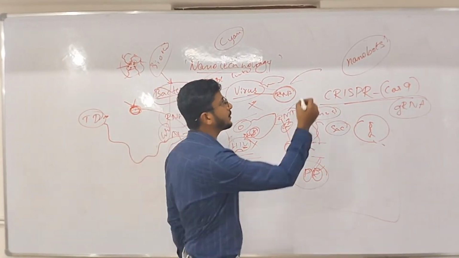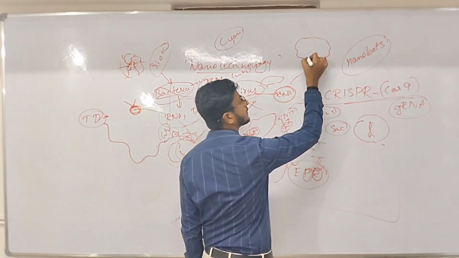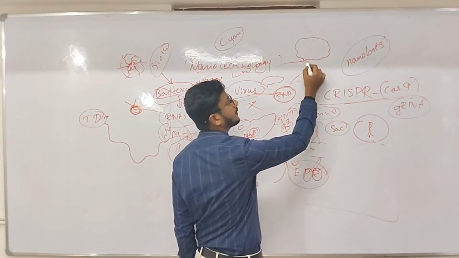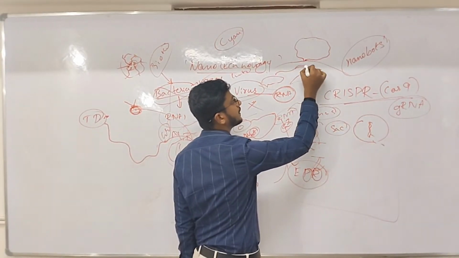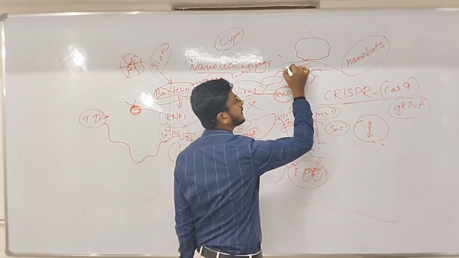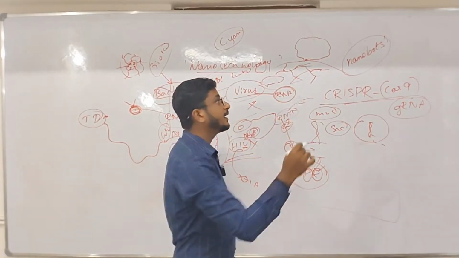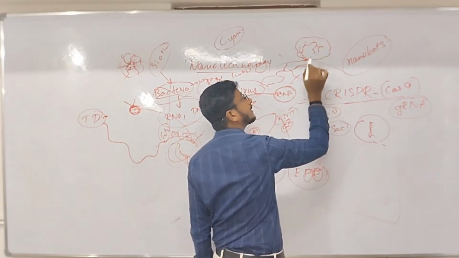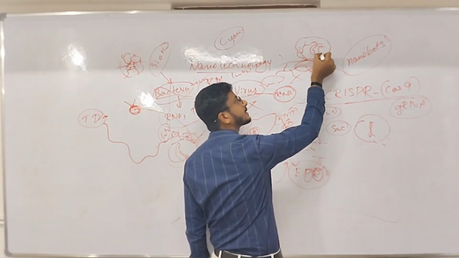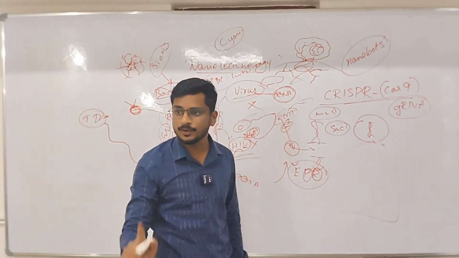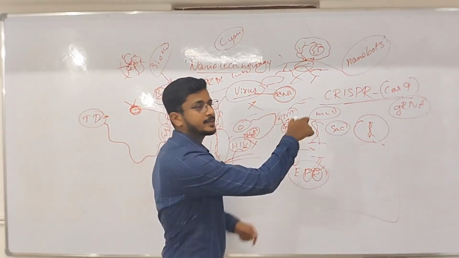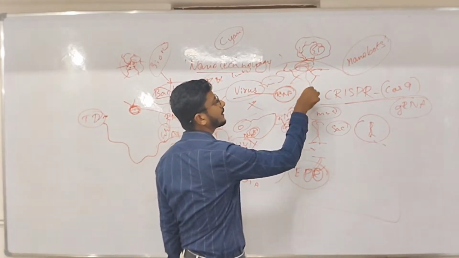For example, this is a tumor which has grown on some organ. Here the blood vessels will be like this, correct? These are the blood vessels. In the tumor, the blood vessels will also be there, but they will be different. They will not be the same. So I will give the nanoparticles, and they will flow all over happily.